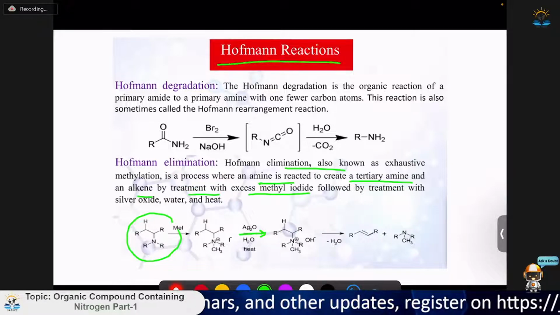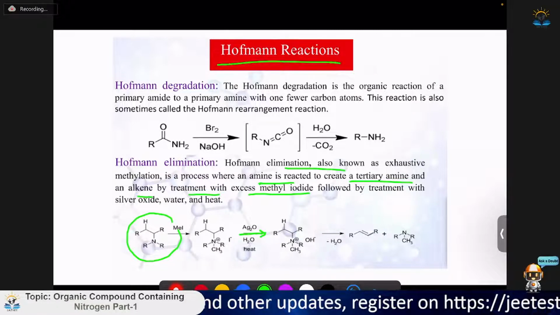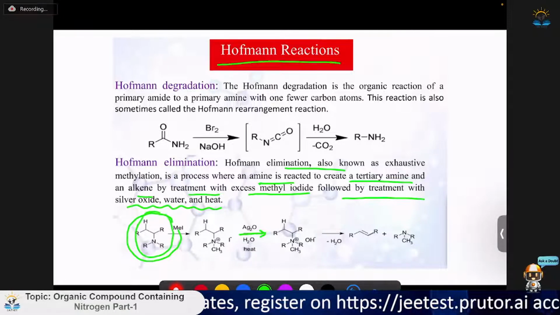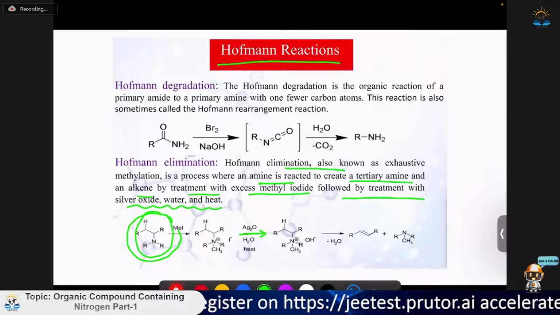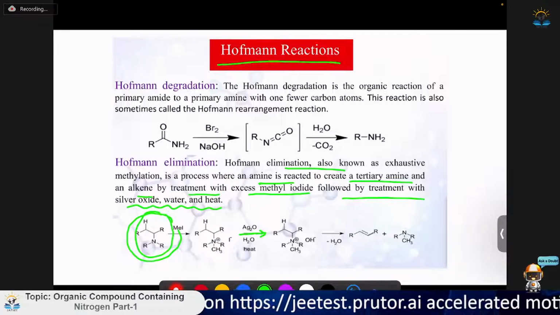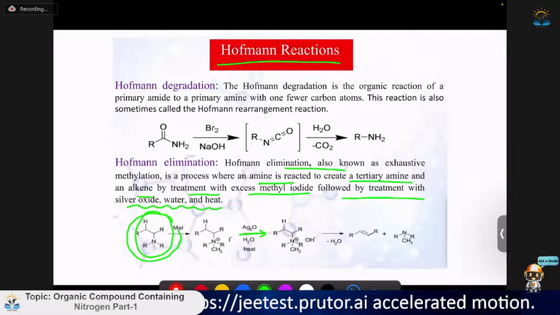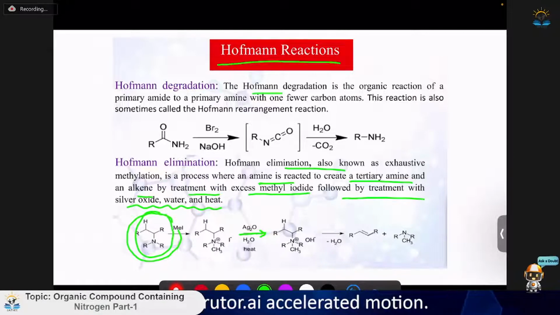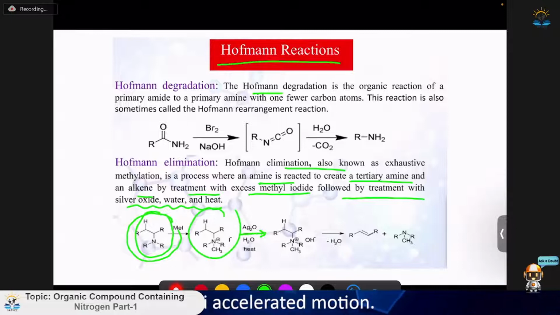So first of all, what did we do? Here we have a tertiary amine. First, we converted it into a quaternary ammonium salt. From this, an alkene is formed, and the alkene formed will be the one which has the most substitution, meaning the more substituted alkene will be formed.